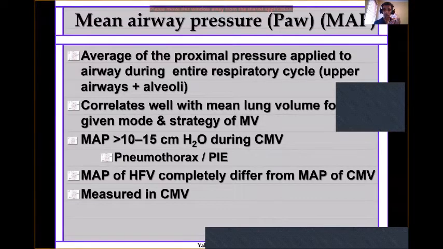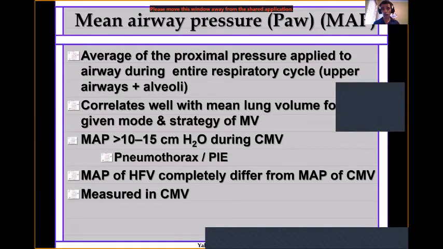Because a PEEP of 6 and PIP of 20 is different if the rate is 20 or the rate is 30. So the mean airway pressure is affected by PIP, PEEP, and the rate.